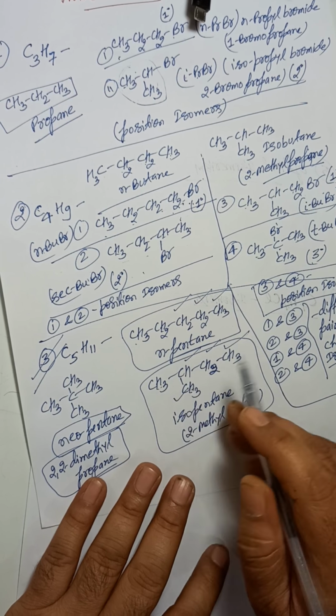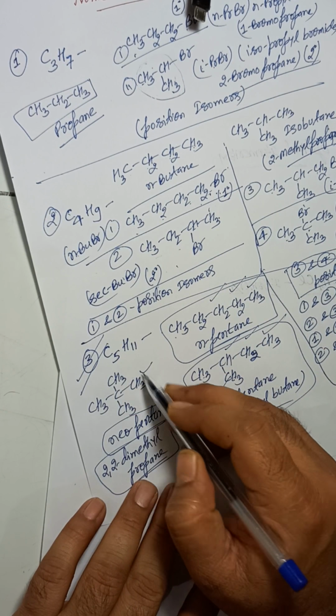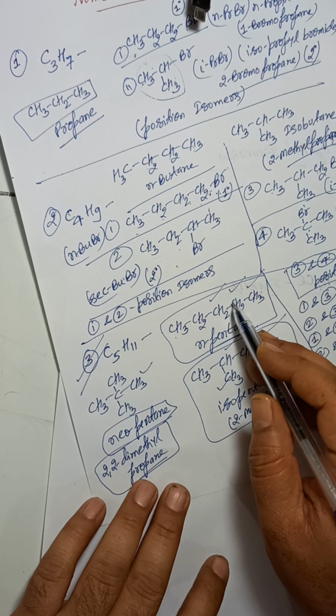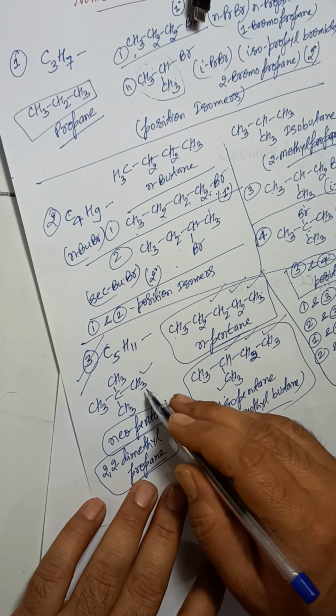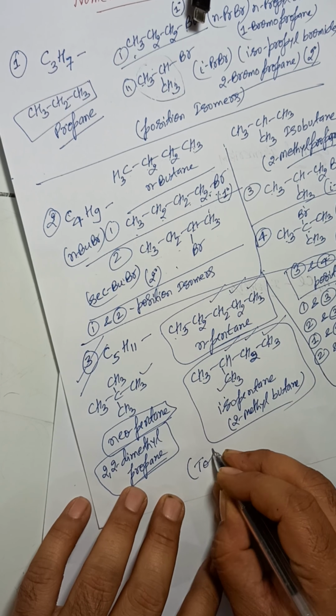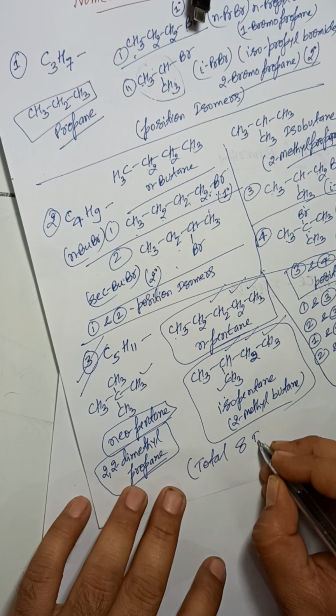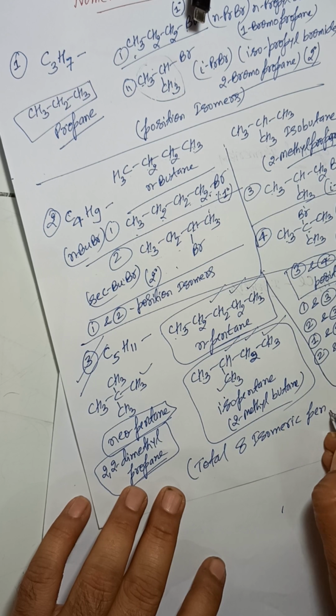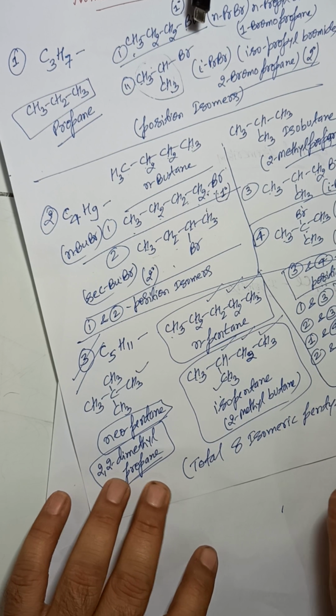This and this identical. Here anywhere identical. You cannot remove hydrogen from this position. So 1, 2, 3, 4, 5, 6, 7, 8. Total 8 isomeric pentyl.